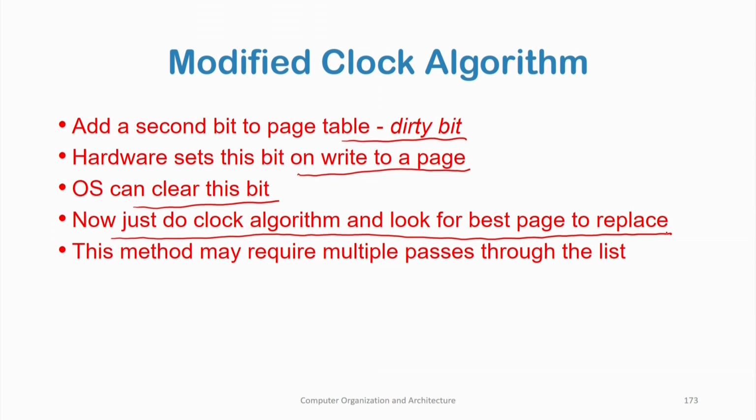In one round of the clock, you try to find a page which is 0 0. For all those pages which are 0 1, you set it to 0 0. So if you have the least significant bit 1 in the first round, you set it to 0, and you go on looking for a page which has both bits 0.